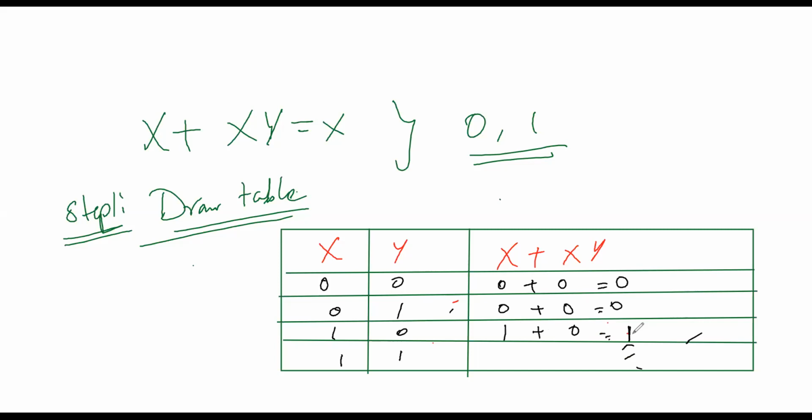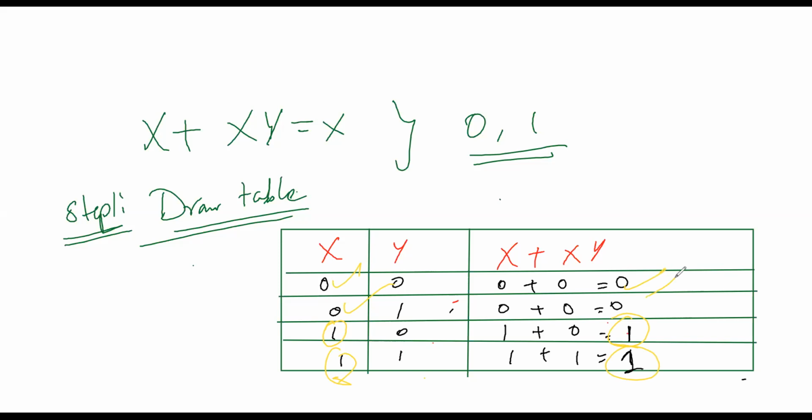Next is 1 plus 1 into 1, that is equal to 1 itself. So now we can clearly say that here I'm getting 0, 0, 1, 1, and here also 0, 0, 1, 1. So x plus xy is equal to x.